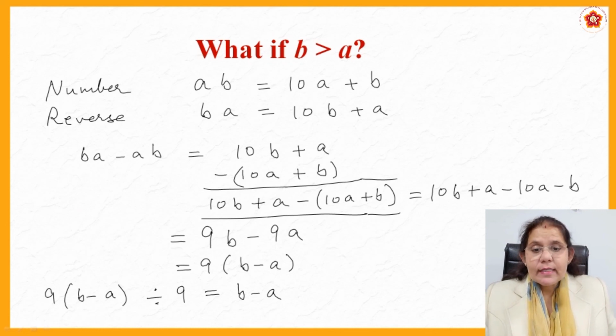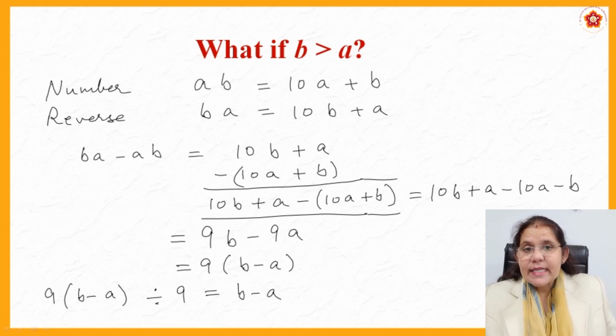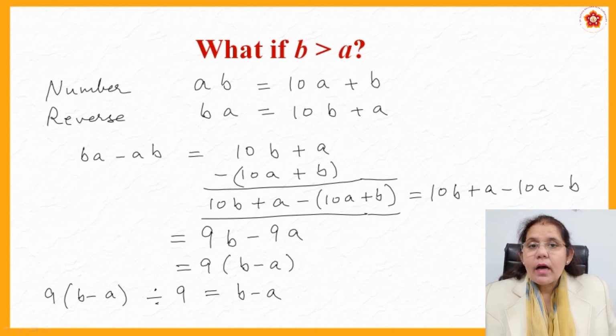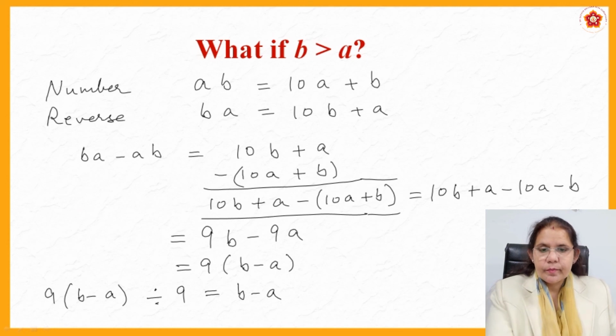So whether A is greater than B or B is greater than A, in both the cases, the end result would be a multiple of 9 and hence there will be no remainder.